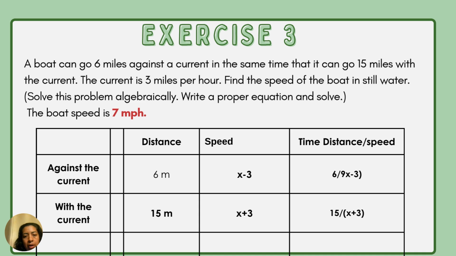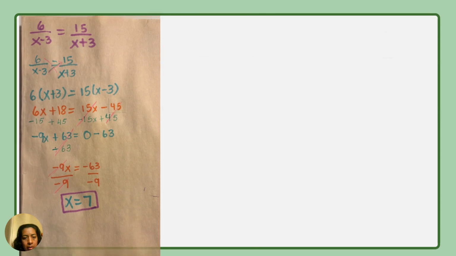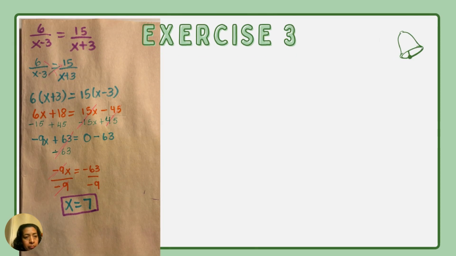and we set up our equations, and since we have just two fractions, we can cross multiply. First, I set up my equation where it says same, so it means the times need to be the same.